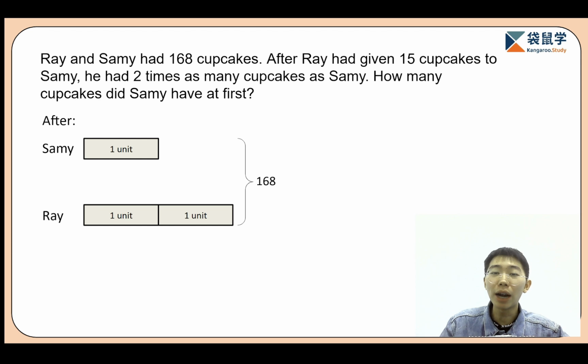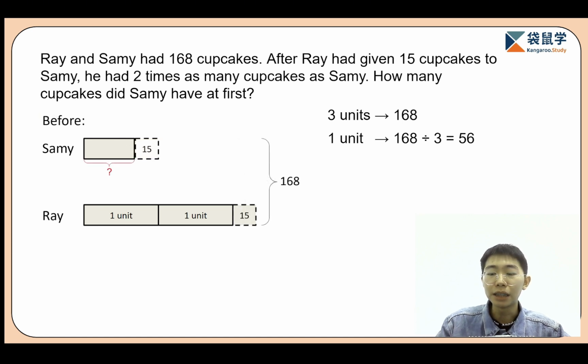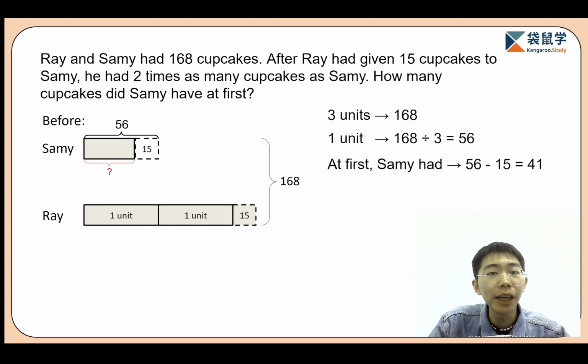So now we can write down 3 units to 168. So 1 unit equals 168 divided by 3, which is 56. So now we know that after receiving these 15 cupcakes, Sammy had 56 cupcakes. So at the start, Sammy had 56 minus 15 equals 41 cupcakes. And we found the answer.